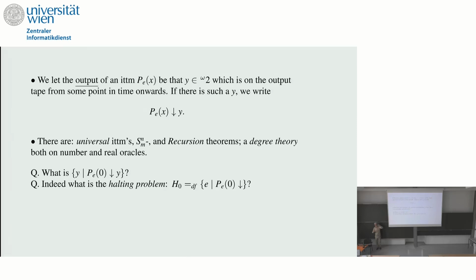It's just going on forever. There are only ℵ0 many pictures of the tape, so it's going to repeat from some point onwards. In fact, it's a countable ordinal from which it repeats. So there is a countable ordinal for which all programs P_e on input 0 are going to repeat. So what's that ordinal?